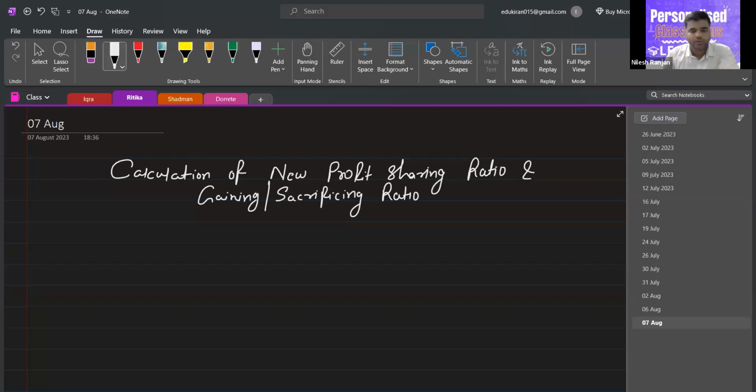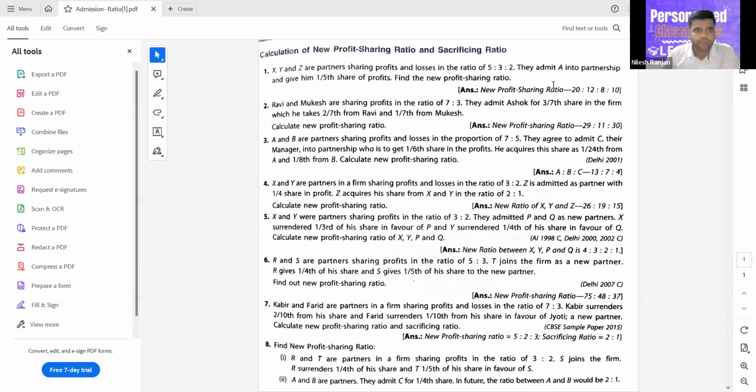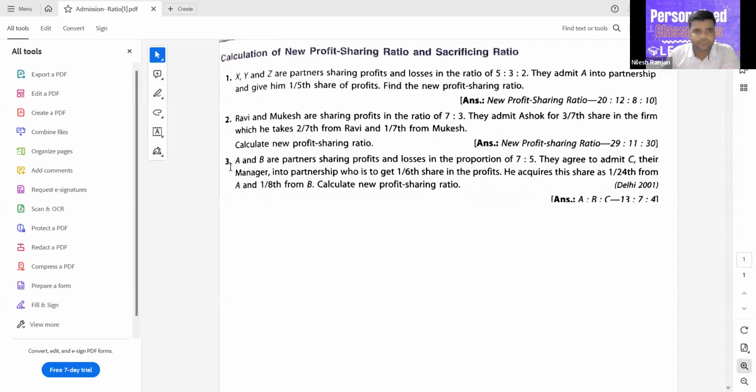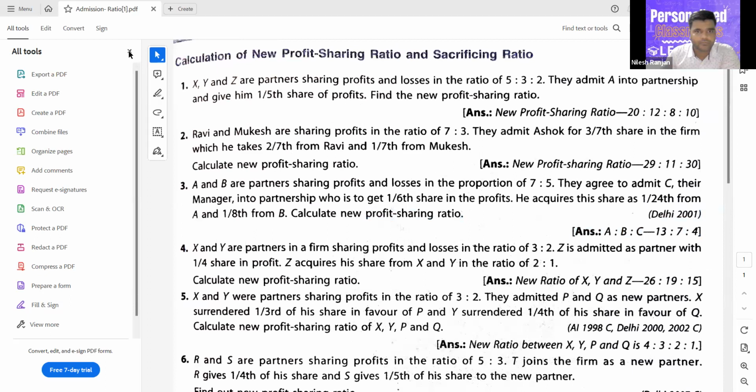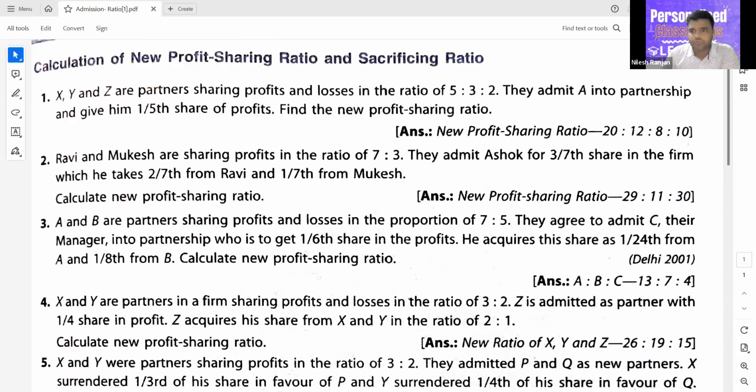Okay, so first, I'm taking a question to understand this better. Yes, so this is your question. Can you read question number 1? Yes, sir. So the question is: X, Y, and Z are partners sharing profits and losses in the ratio of 5:3:2. They admit A into partnership and give him 1/5 share of profit.